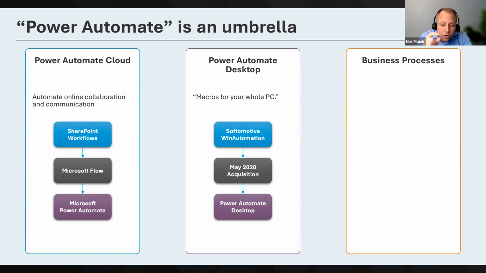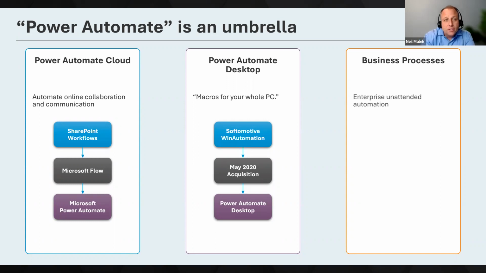If you want to, you can create a desktop flow that will open an app, click a couple of buttons, close that app, open another app, click a couple of buttons, close that app, and just keep on working on your behalf. So it really is an automated thing that takes over your computer for a while. Whereas Power Automate Cloud is something that says, hey, let's just automatically do something in Teams for them. Let's just automatically do something in SharePoint for them, stuff like that.